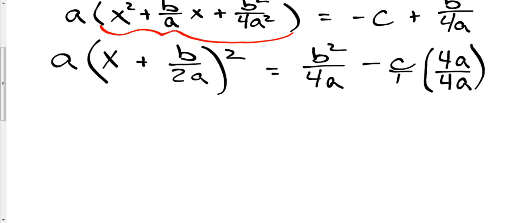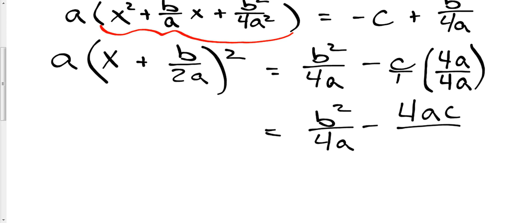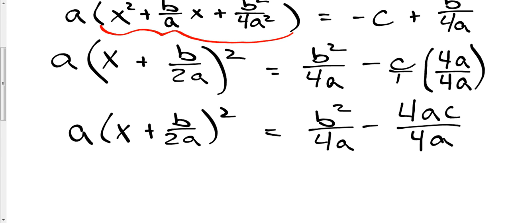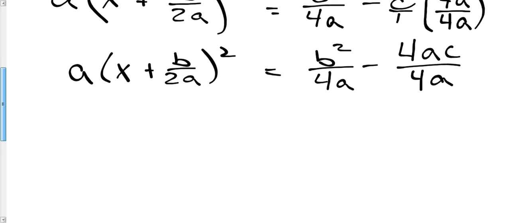So I get b squared over 4a minus 4ac over 4a. Now I can write it over one fraction. So now it's equal to b squared minus 4ac over 4a.